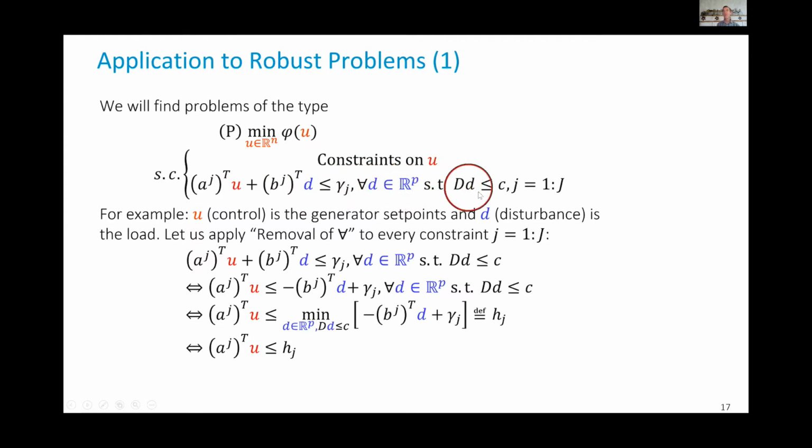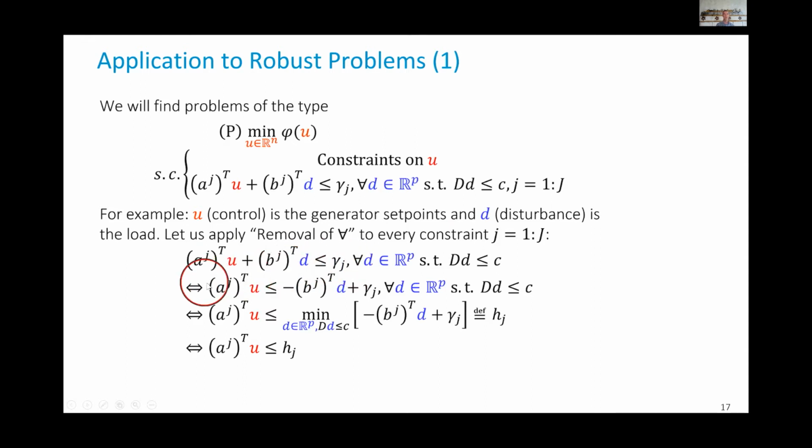The d must satisfy a number of things here. And in this case, I'm assuming that the joint constraint on u and d is linear. It's linear in u and linear in d. In this case, we can solve this once for all by using exactly what we've done on the toy examples. I look at one of these constraints, this one here, and I'm saying this must be true for all d.